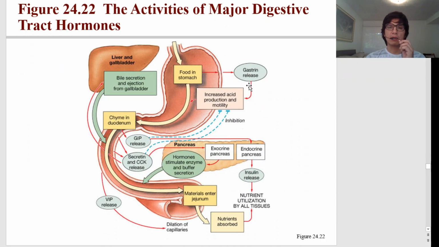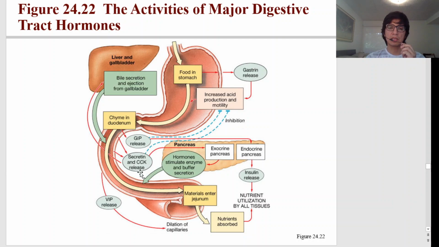So this is a view. Food enters the stomach, and then we have here production of acids and motility, also some enzymes. Eventually, this chyme enters the small intestine, which releases gastric inhibitory peptide, which feeds back and decreases some of these stomach functions.